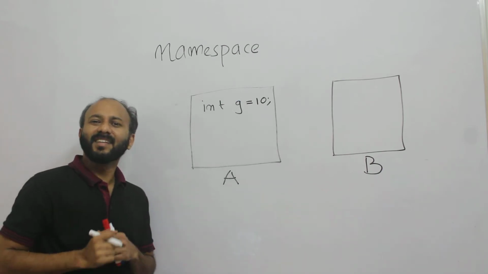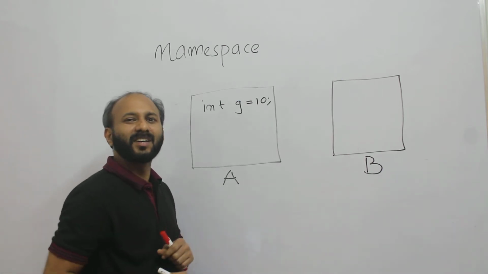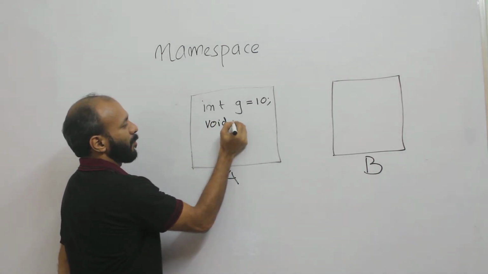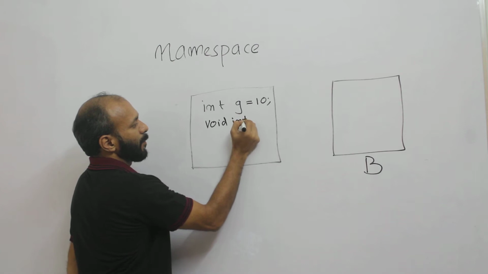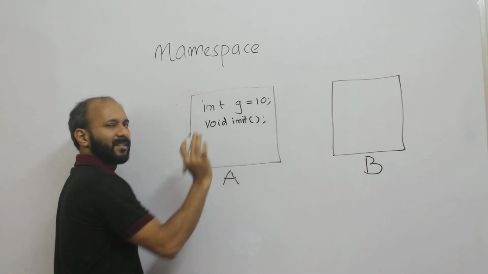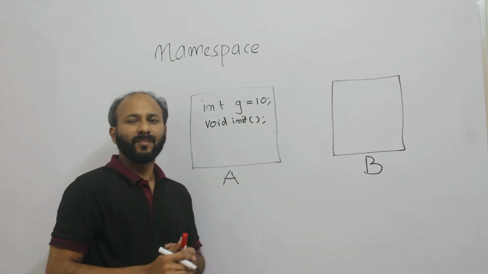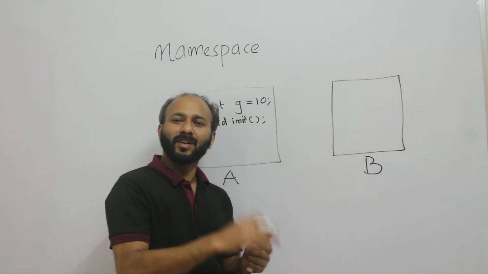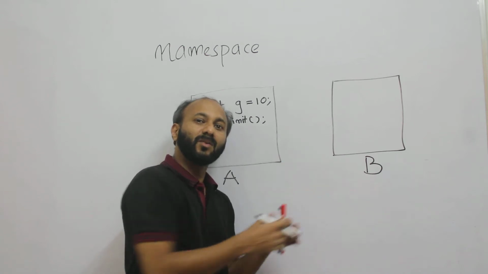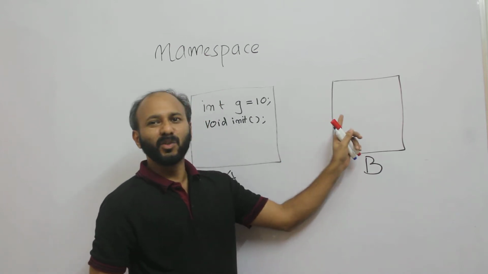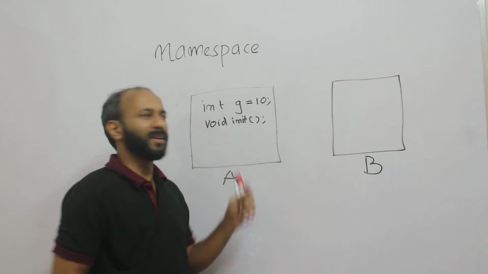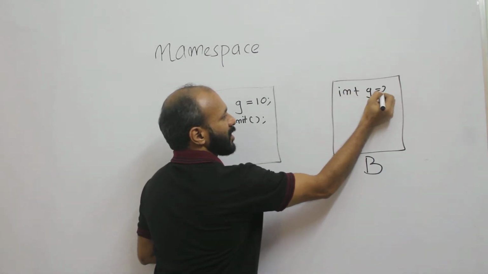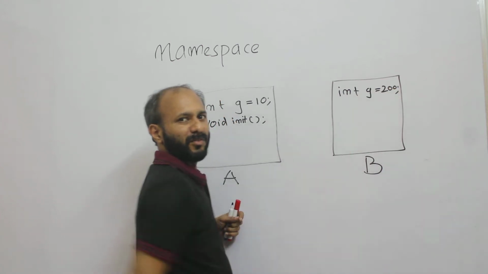And I have an initialization function. I am calling that function init. Here I have the implementation, void init. Now, unfortunately, another module, from one of my friends in my company or some different company, is also using the same global variable name int g, which is equal to 200, with a different value.